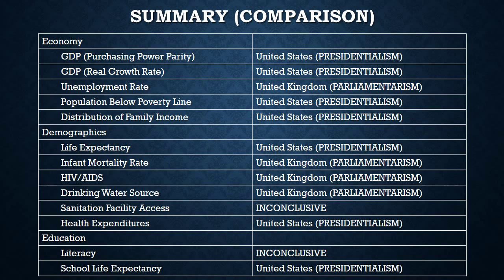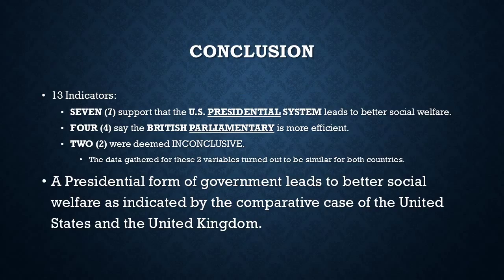For the sanitation facility access, the results were inconclusive, while for the health expenditures, the United States is proven to have spent more money on the healthcare system compared to the United Kingdom. For the education, for the literacy rate, the results were inconclusive, while for the school life expectancy, the United States has more edge over the United Kingdom.